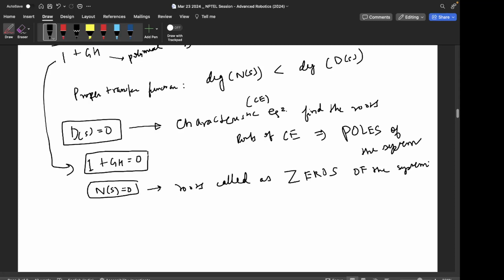So now the first thing which you will do when you get a transfer function is find out the poles and the zeros, right? And the transfer function, as I said, is written in the s domain. So we will plot those poles and zeros in the s plane, right?